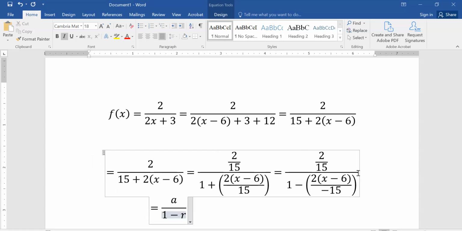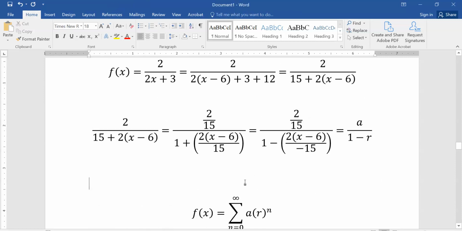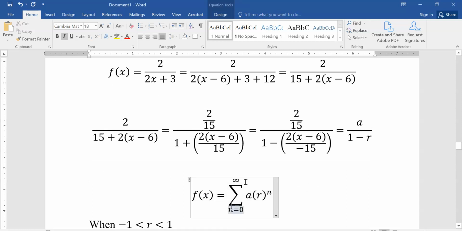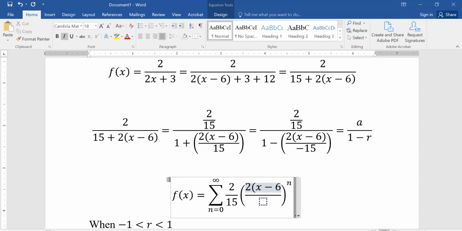All right, so that is my a over 1 minus r. A is 2/15, r is 2 times the quantity x minus 6, all divided by negative 15. So when I'm trying to write my function, again, it's messy numbers, but the concept's not too crazy. 2/15, the r is 2, let me just erase that, times x minus 6 divided by negative 15.